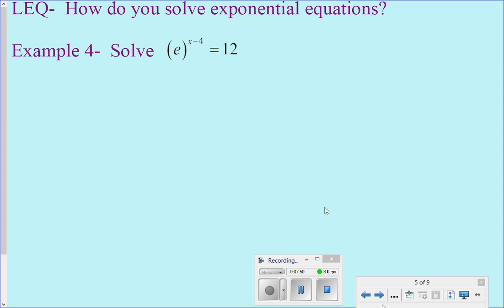And I know that e is the base for a natural logarithm. So I'm going to write ln, or natural logarithm, of e to the x minus 4 is equal to the natural log of 12. So doing that allows me to use the power property. Remember, even though it's a natural log rather than a log base 10, I can still use the power property. So I'm going to bring that x minus 4 down front.